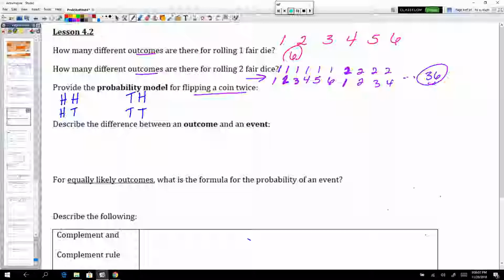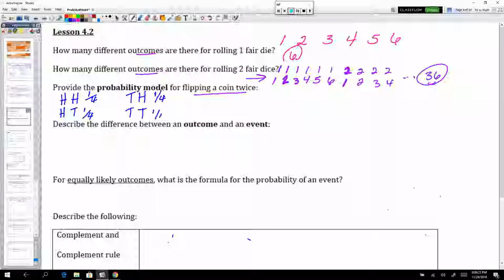And since there are 4 different outcomes, and none of them have any particular weight to them, right? They can equally happen. One is not more likely to happen than the other. The probability of getting heads heads is 1 out of the 4. Heads tails is 1 out of 4. Tails heads is 1 out of 4.